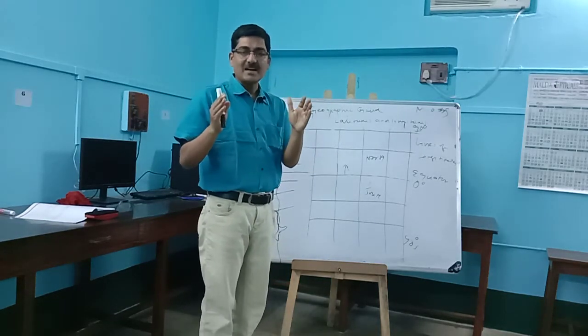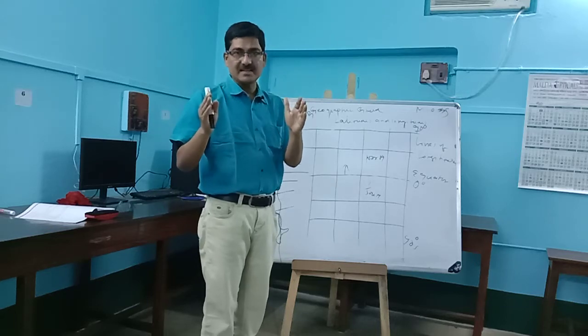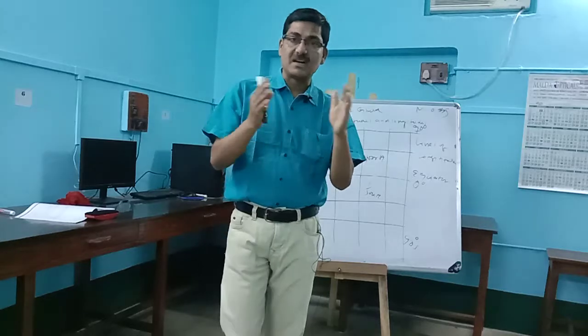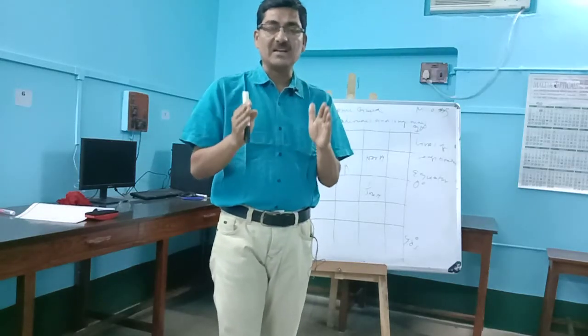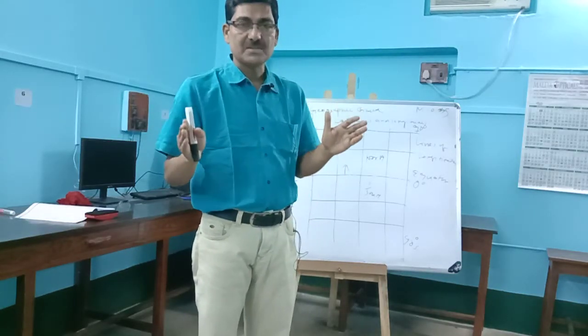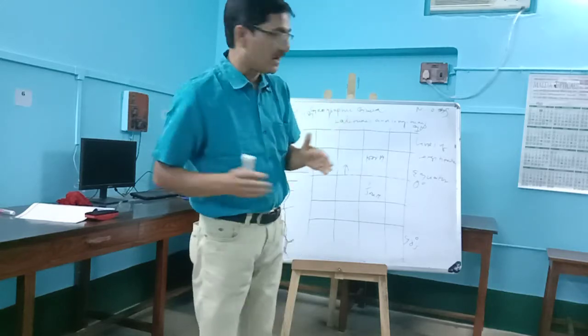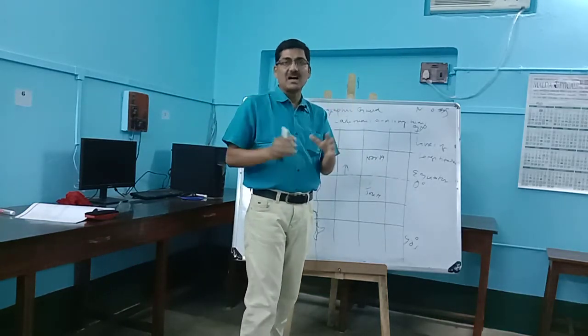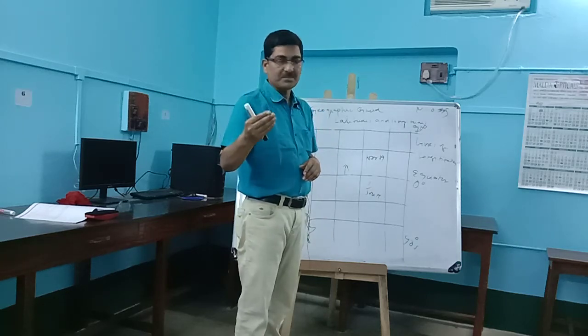And this is the only great circle. What is a great circle? A great circle is an imaginary line which divides the earth into two equal halves, two equal parts. So the equator is the only line which divides the earth into two equal halves.